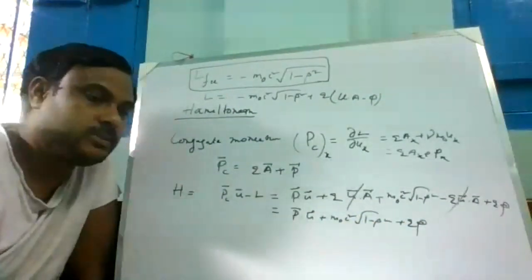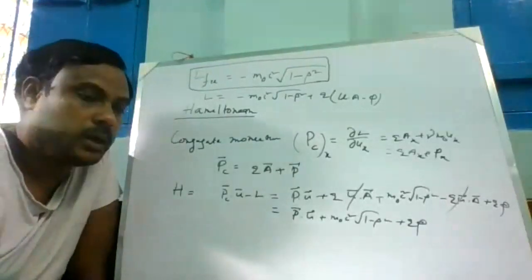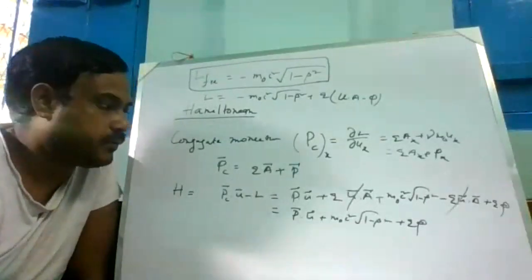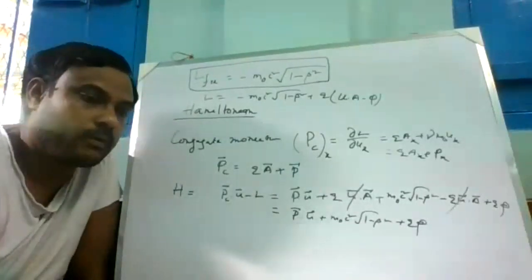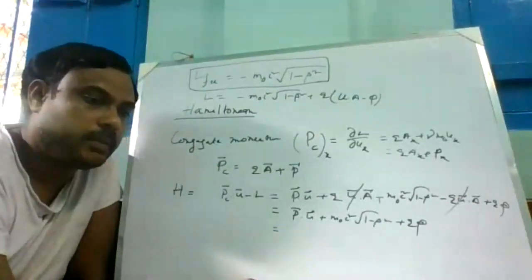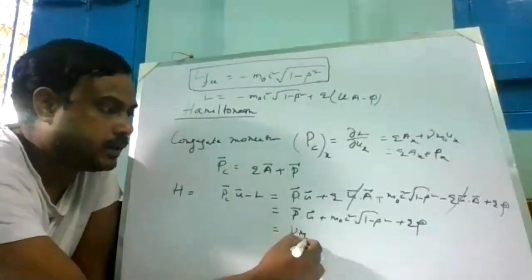Now this can be simplified into a compact form. How? By seeing this. P dot u, if you start from P dot u, will be equal to γ m0 u².